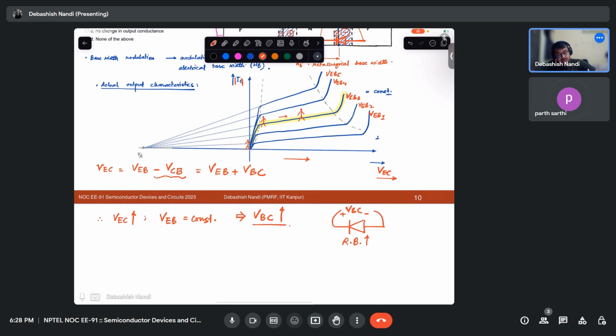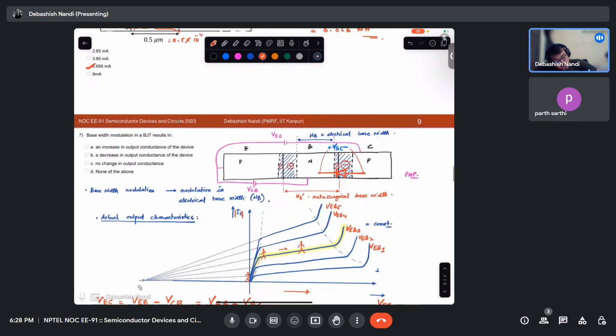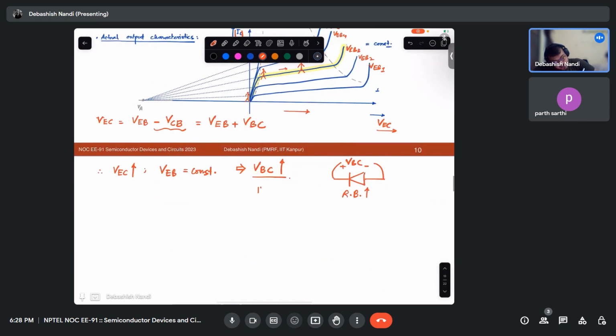That means your depletion width will increase, right? So the depletion width at the collector-base junction will increase.